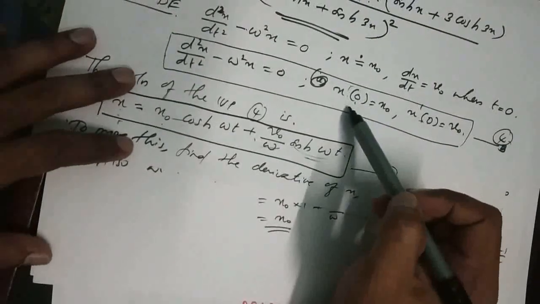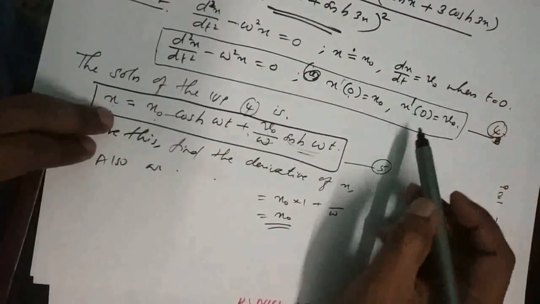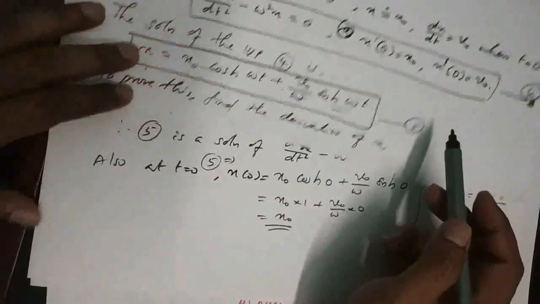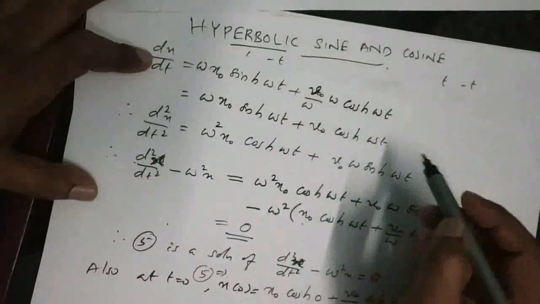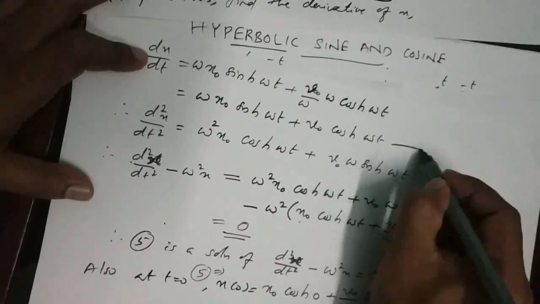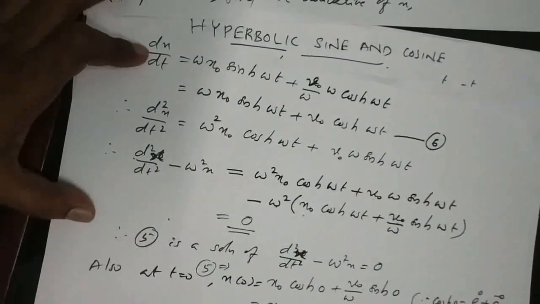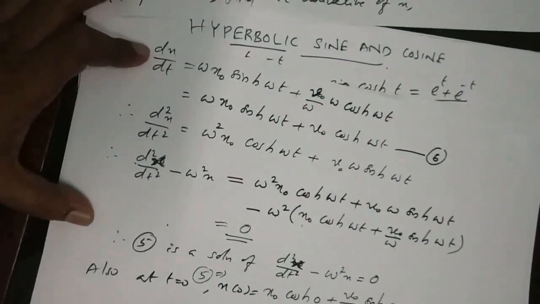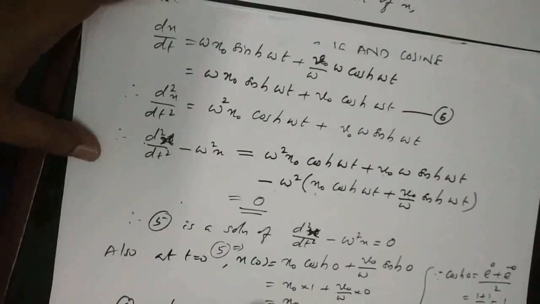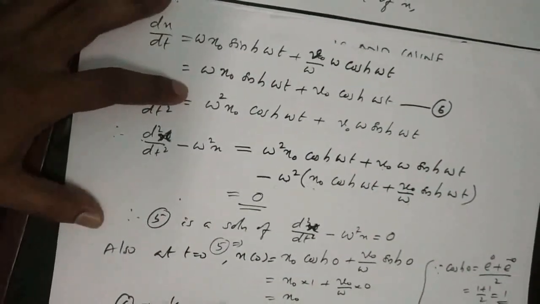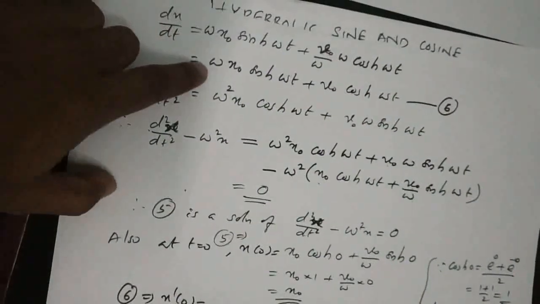The first condition was x of 0 equal to x0, and the second condition is x dash of 0 equal to v0. So we have x0, x dash is this, right? So we can put this as 6. So 6 implies x dash of 0 is equal to this.